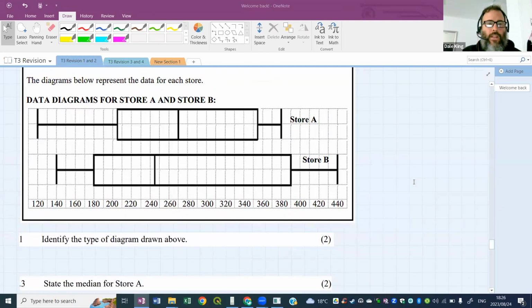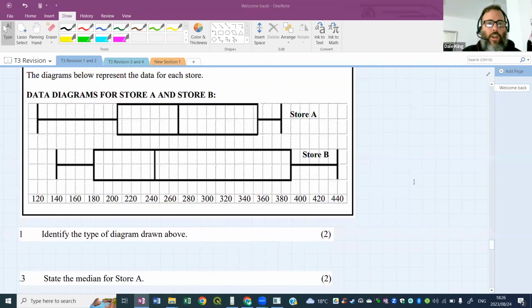State the median for store A. What is the median for store A, ladies and gentlemen?